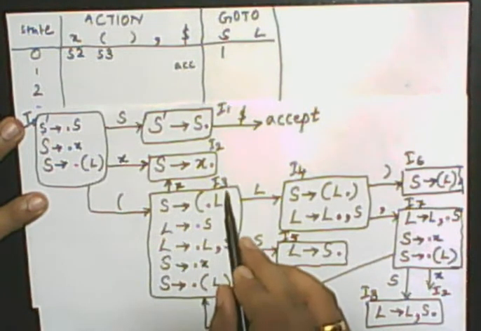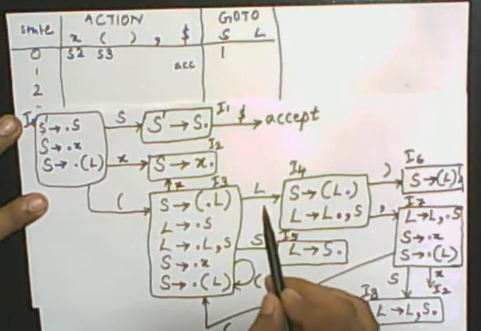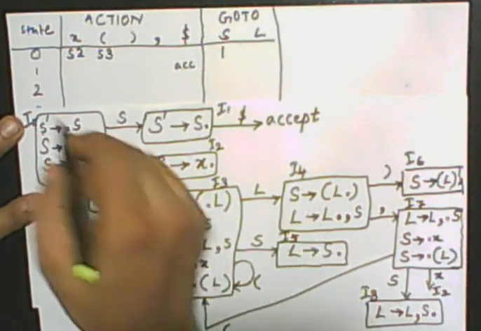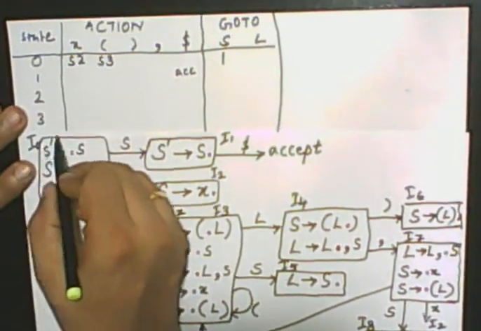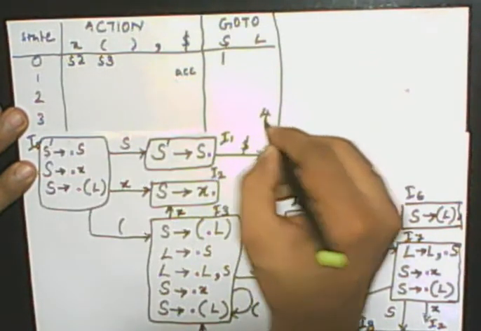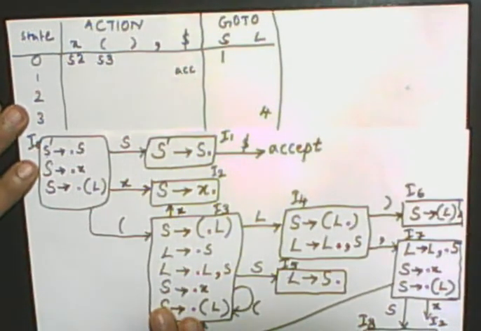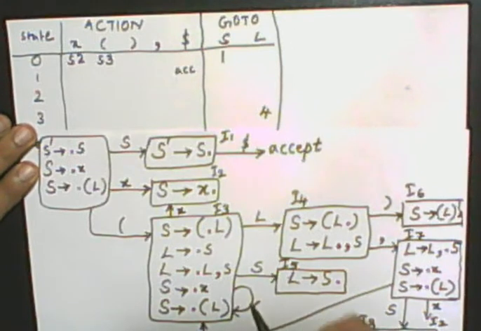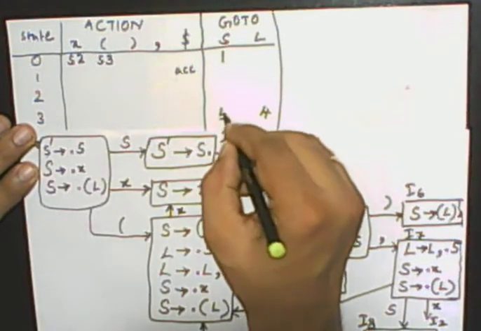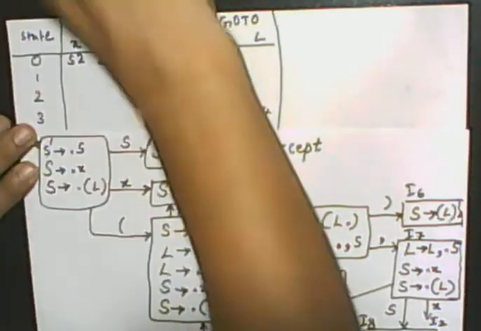And on I3 you have again 4 transitions. I3 on L goes to I4, so under L you have to mark 4. I3 on S goes to I5, so you have to mark 5 here.